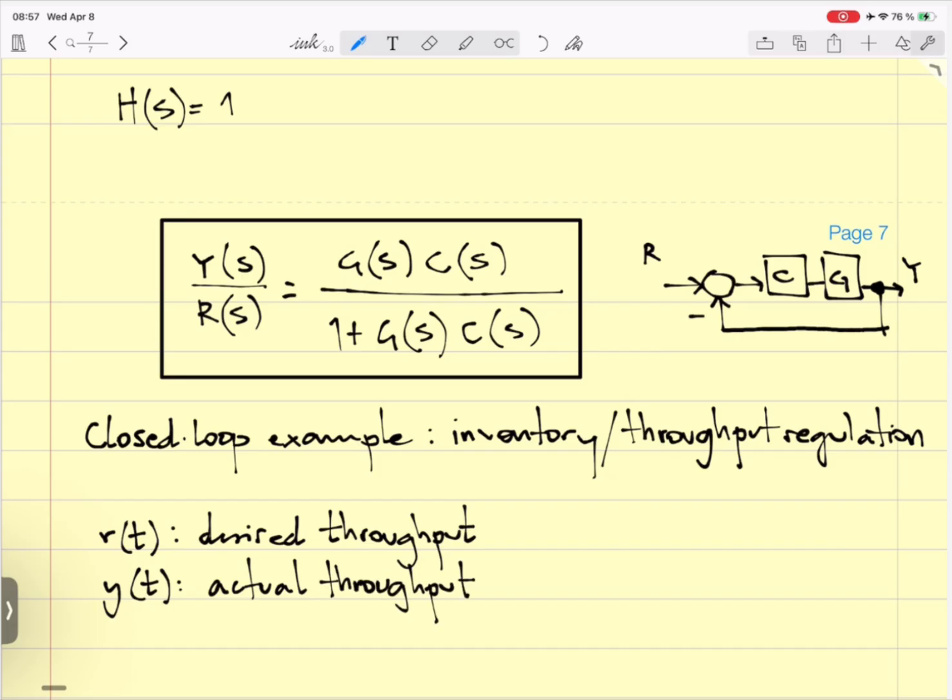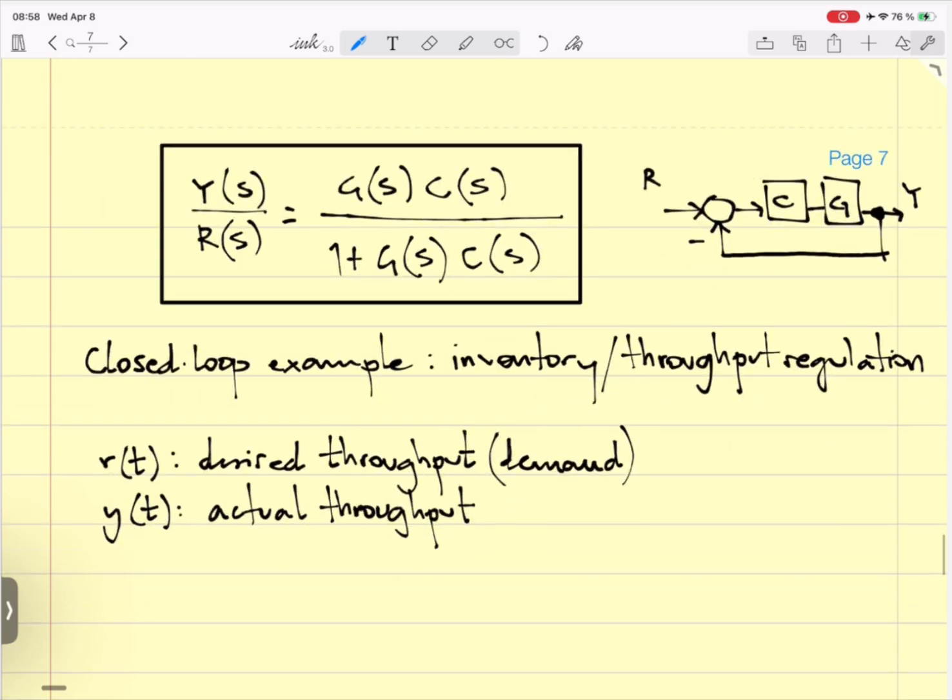You can think of the desired throughput as the demand, okay? Something that a customer wants. I am in the factory. I get some demand in, and I want to regulate my throughput. And I am going to do it by installing a feedback loop.